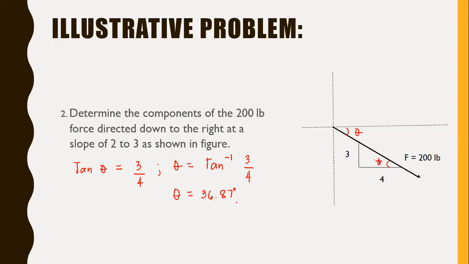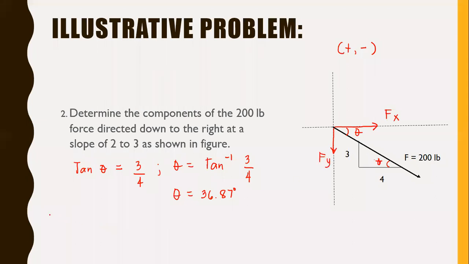Therefore, this one is 36.87 degrees, and remember that your F is lying on the fourth quadrant, so the condition would be your x is positive but your y is negative. Let us find your F. This one would be your Fx, and this one would be your Fy.